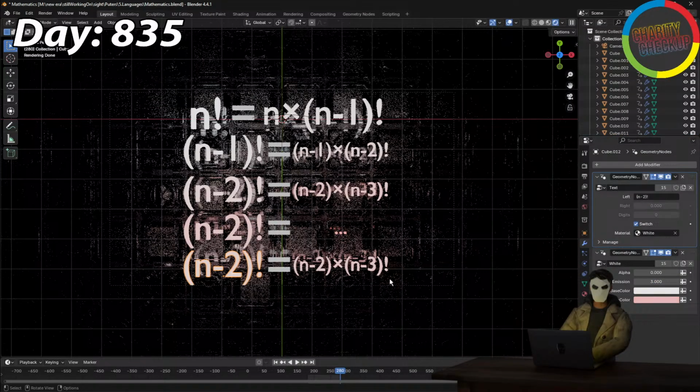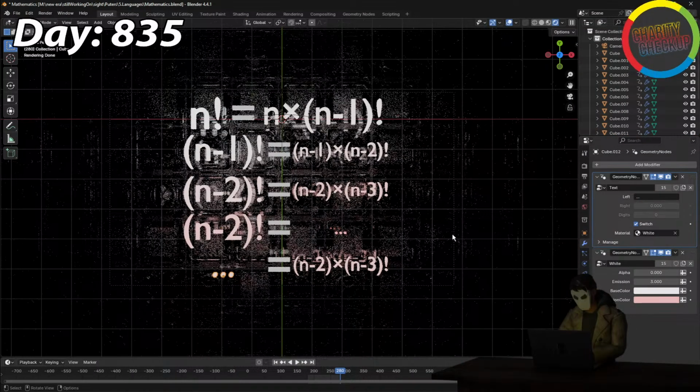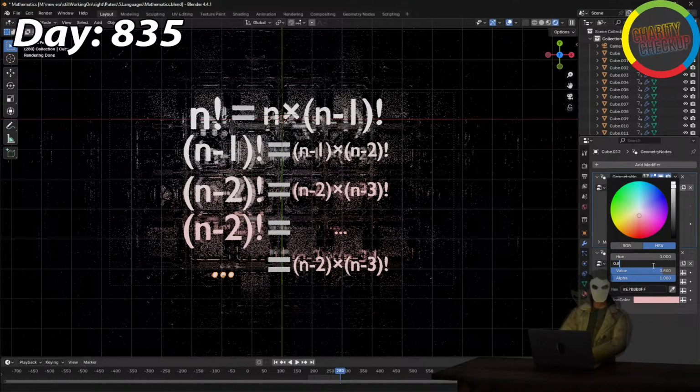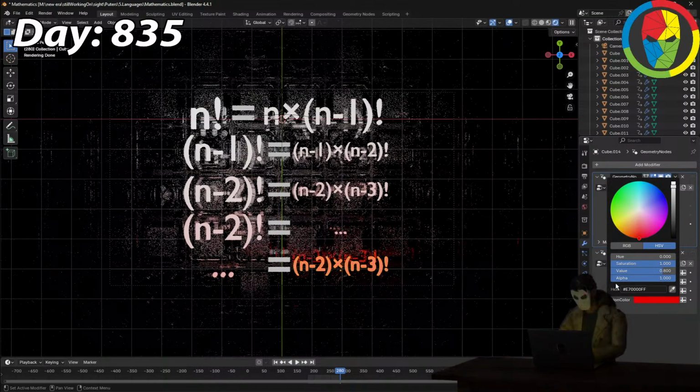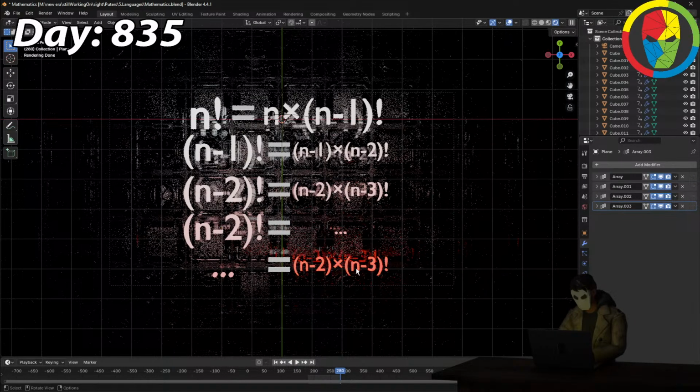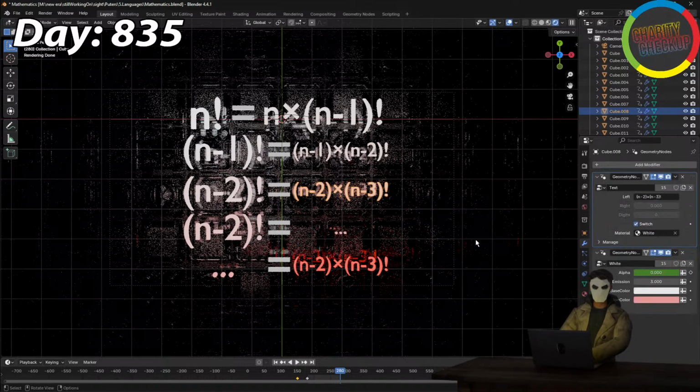0.8 right here. Then dot dot dot. 0.8, and then this one will be just a 1. Yeah, you see, that's the problem. It should have been exponential.